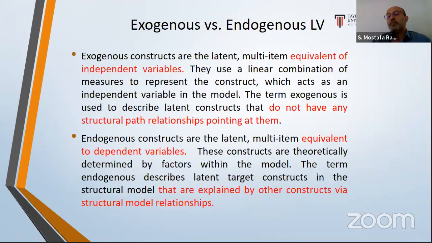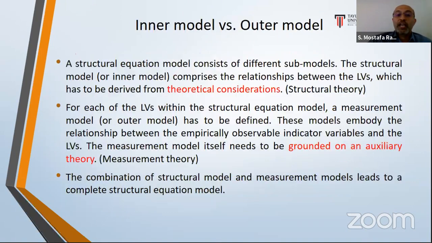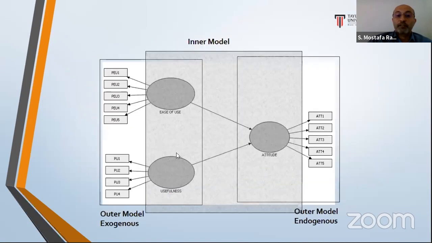Exogenous variable is something similar to independent variable and refers to variables in our framework that no other variable points to. So we call this variable exogenous. And we have endogenous variable.